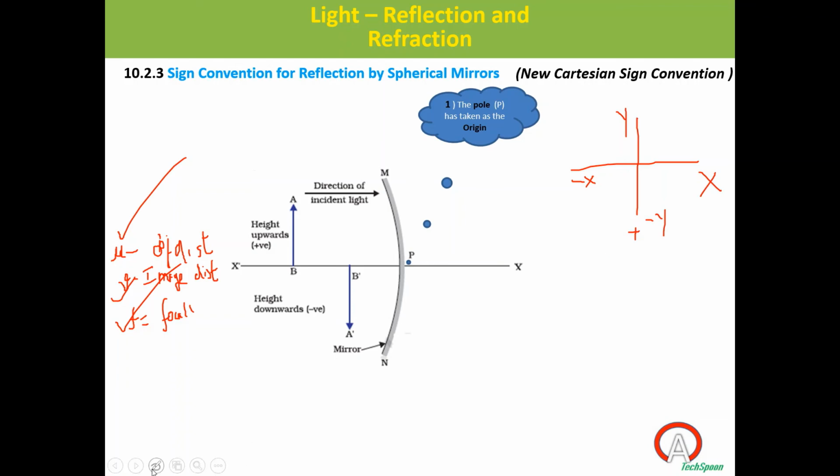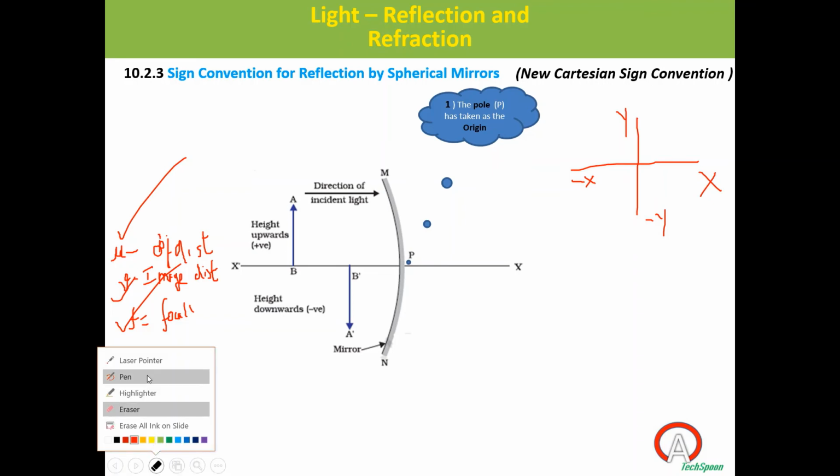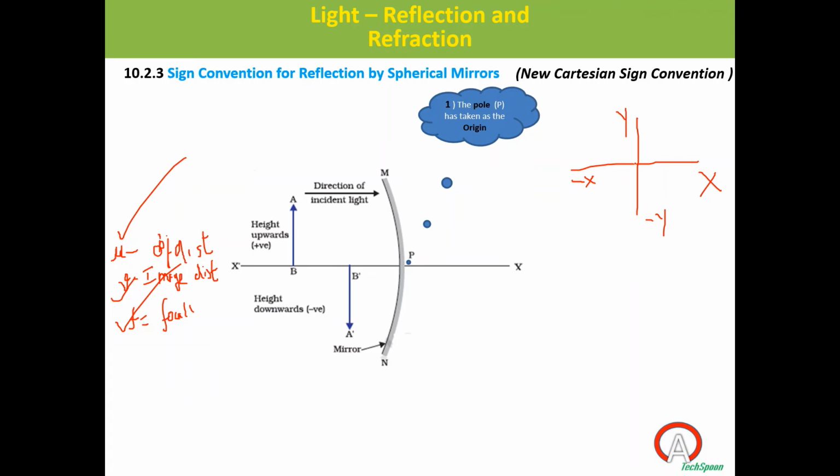If this is the origin O, the right side is always positive. The left side, the minus x coordinate, is negative.